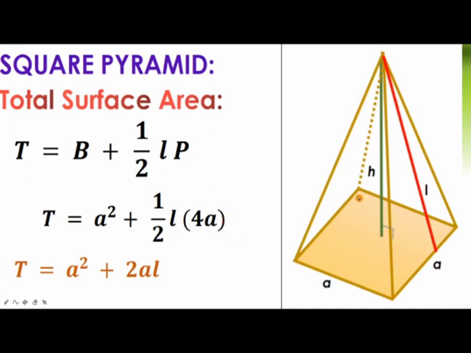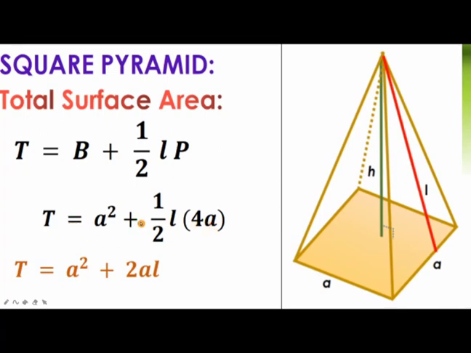Denoting the sides of its square base by A, the area of the base B is A squared. For this second term, 1/2 LP, or sometimes written as 1/2 P times L, the perimeter of the square base P is equal to 4A, because note that the perimeter is the sum of all the lengths of these four sides, A plus A plus A plus A. That's why this is now 4A.